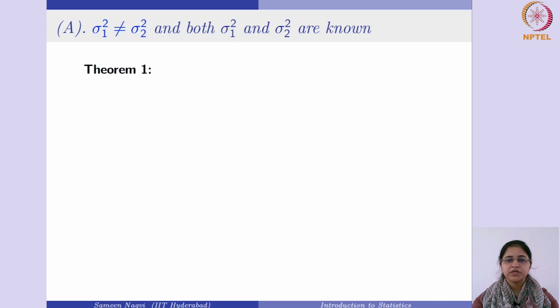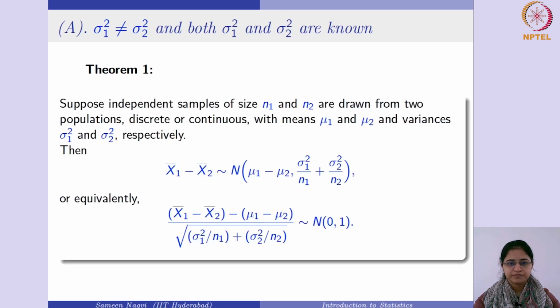And if you recall from the previous lecture, whenever sigma square is known, then the sampling distribution of the sample mean followed a normal distribution with the same mean, but the variance gets divided by n, that is the sample size. So now let us see how that result gets transformed when we are focusing on two sample problems.